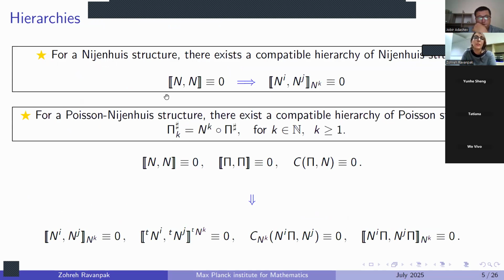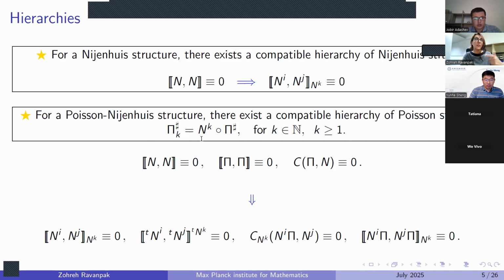It's well known that if we have a Nijenhuis structure, then we have a hierarchy of Nijenhuis structures, meaning that any power of N is Nijenhuis with respect to any of the deformed Lie brackets. Using this for the Nijenhuis structure, we can define a hierarchy of compatible Poisson structures, characterized by pi sharp and N to the k pi sharp.